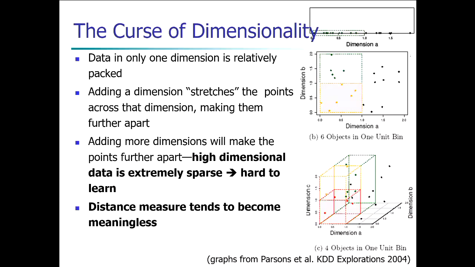There is a very famous phenomenon called the curse of dimensionality. It actually manifests itself in a large number of ways. I'm not going to talk about all of them, but the important thing is that high dimension data is extremely sparse.